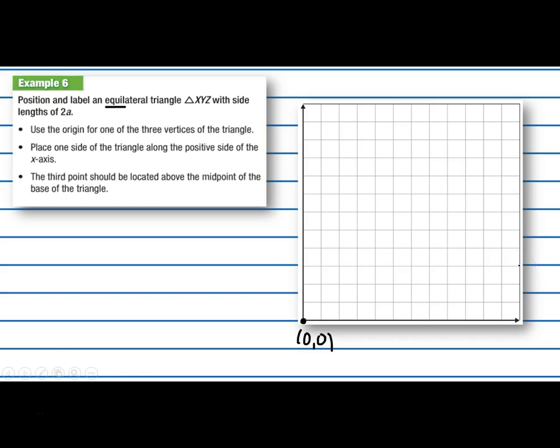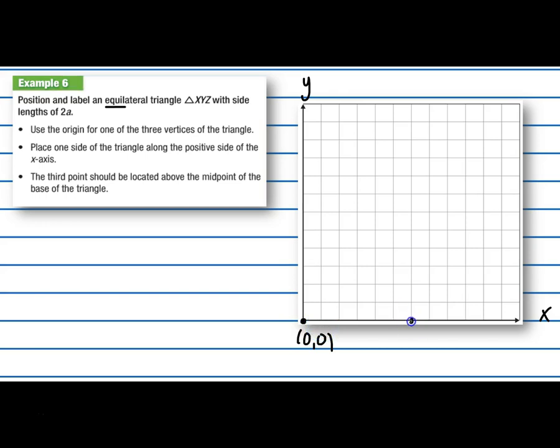Then, what we want to do, it says, is place one side of the triangle along the positive side of the x-axis. Well, if you don't remember, this is your x, and this is your y-axis. So you want to put another point here, and the reason why it's on this positive side is because it stays the positive length. It makes it easier for us.